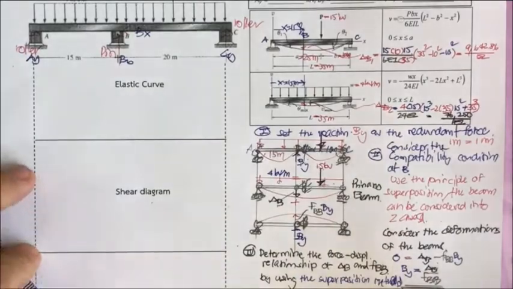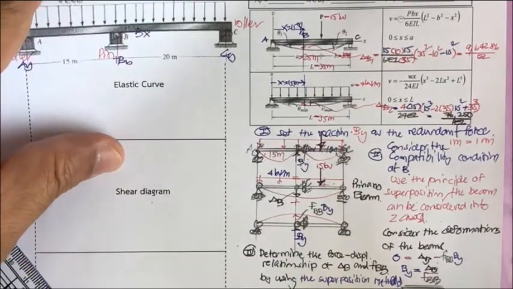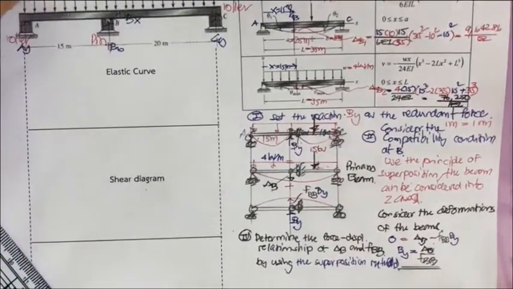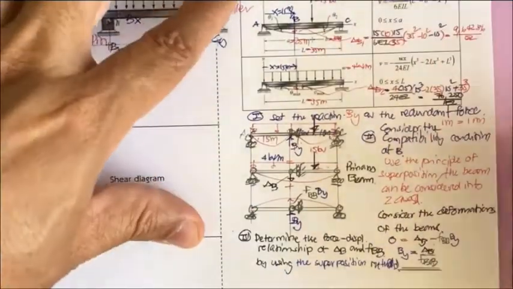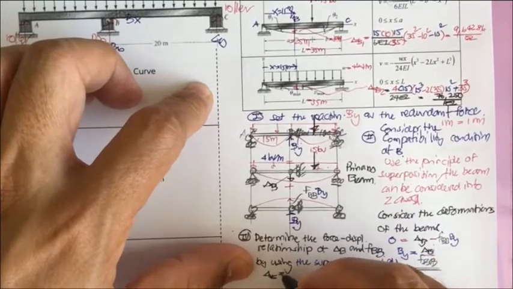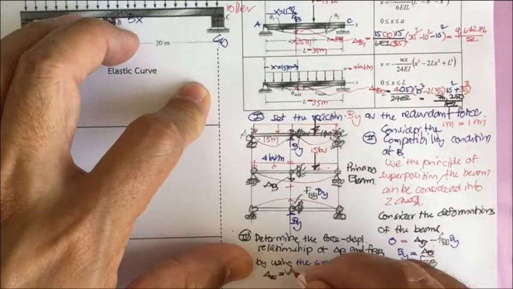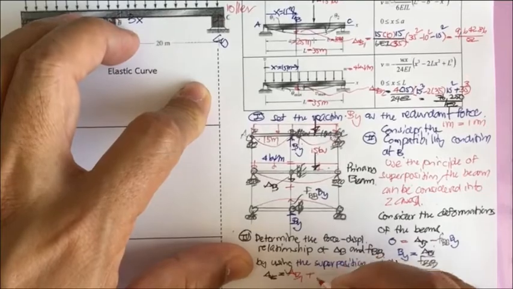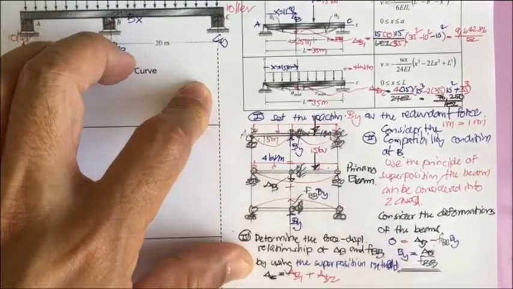So if you like, you just do the summation of the delta sub B. So now you will have the delta sub B, which equals delta sub B1 plus delta sub B2.